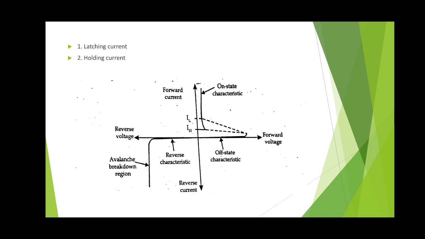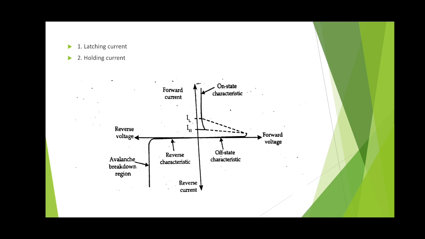All the regions of the VI characteristic are shown in this diagram also. A 5 marks question is repeatedly asked about the latching current and the holding current. So let us go with the definitions.